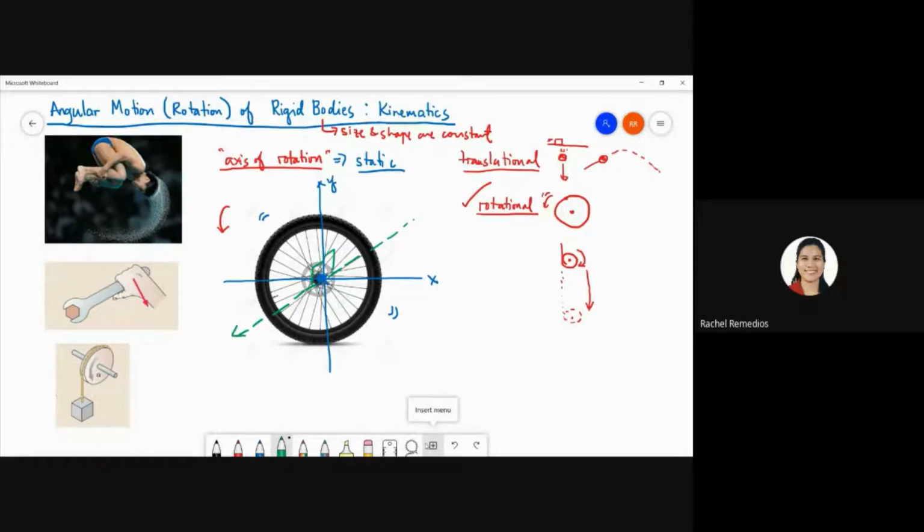So, this is now the Z-axis. Now, kung pipili tayo ng, let's say, 3 points sa bicycle natin, meron akong point A dito. I'll call it point A. Another point somewhere here, point B. And then another point closest to the center, point C here.